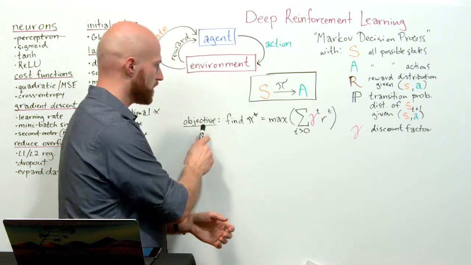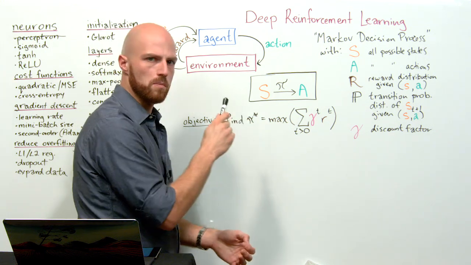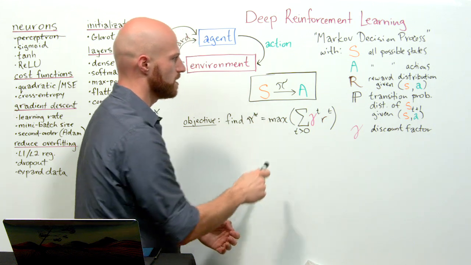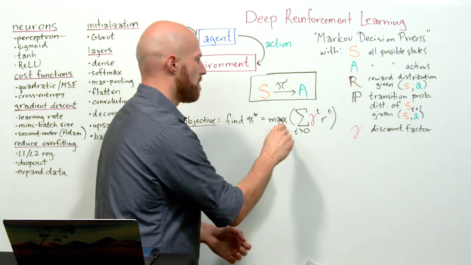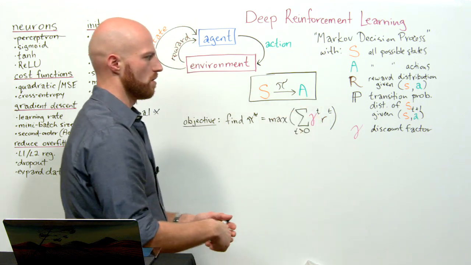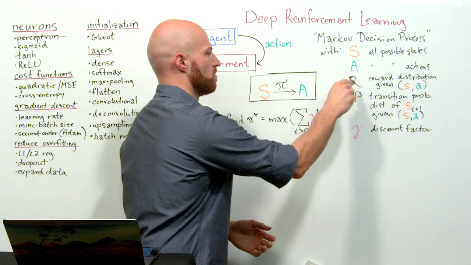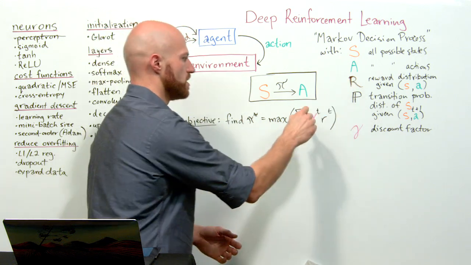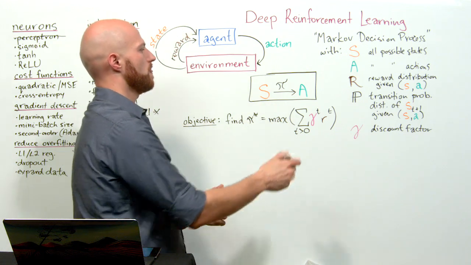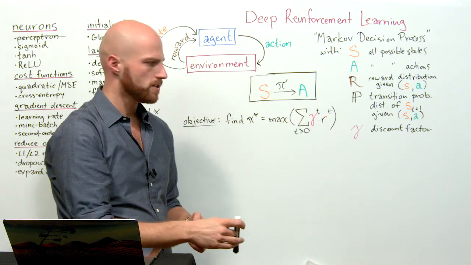So our objective is to find the policy star, the optimal policy. And we can define this mathematically as the maximum expected cumulative reward. So we're trying to maximize our reward, and we're discounting future rewards. So that's why we multiply our rewards by the discount factor.